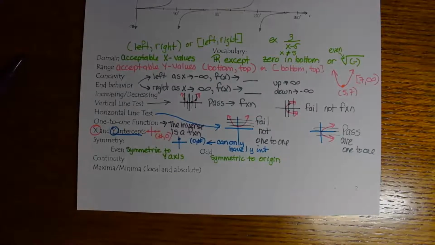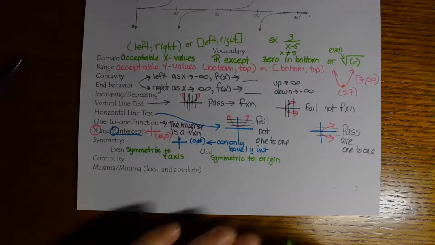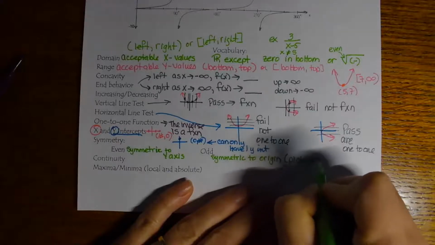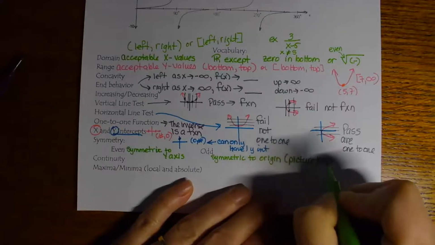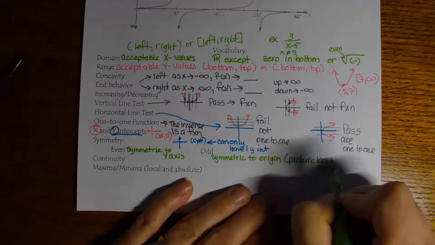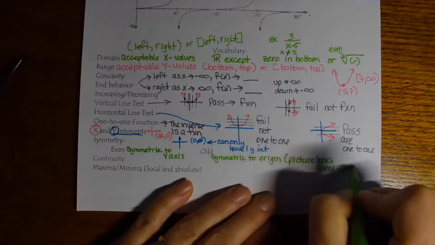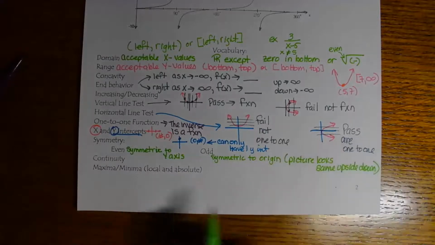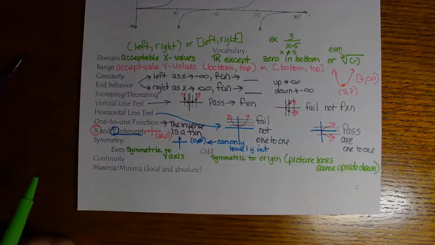Okay? And if it's odd, it looks the same upside down. Even, of course, the y-axis cuts it in half. That's very easy for you to see. Did the y-axis cut it in half?